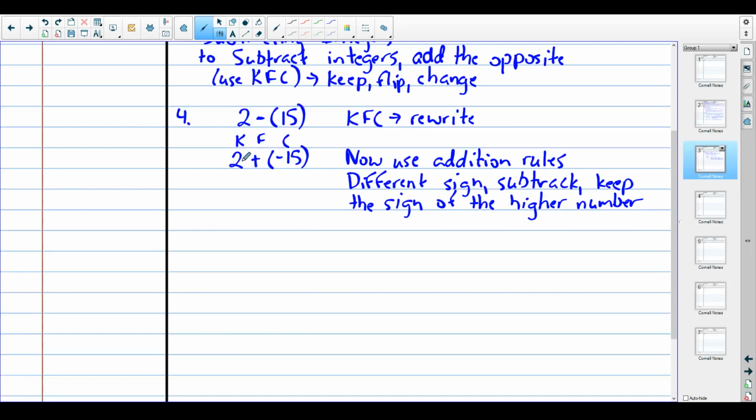So 15 minus 2 is 13. So if we write this out, 2 plus negative 15 equals. So 15 minus 2 is 13. 15 is a higher number than 2, so we're going to keep this negative sign. Our answer is just negative 13.